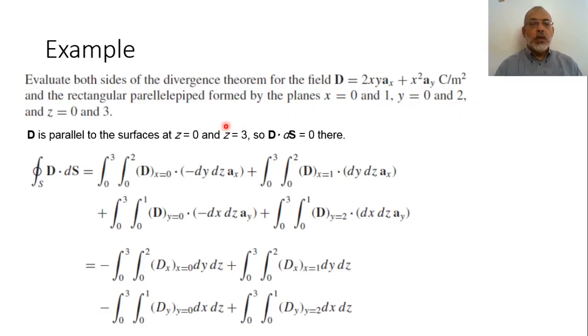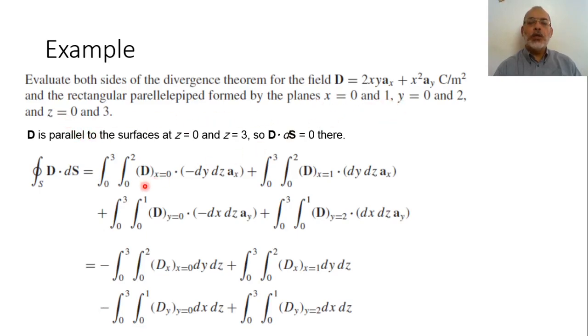Now, the surface x equals 0. Its normal is in the direction minus x because it corresponds to the back surface of the parallelepiped. So the normal here is in the negative x direction, and the area would be dy dz.